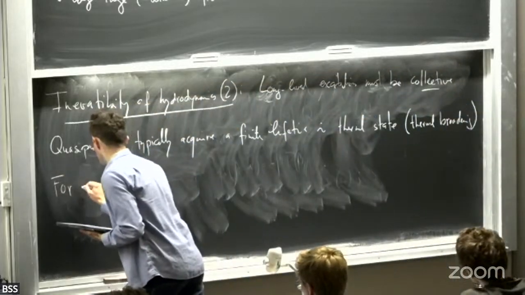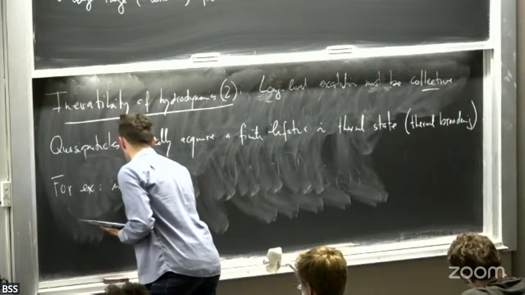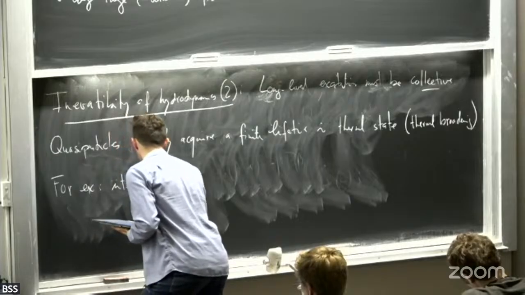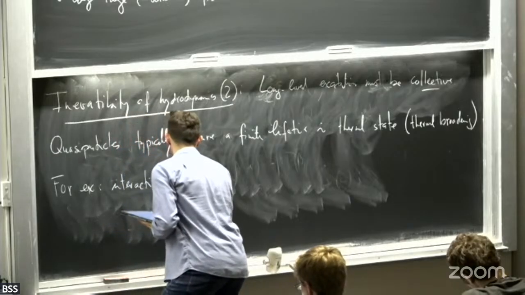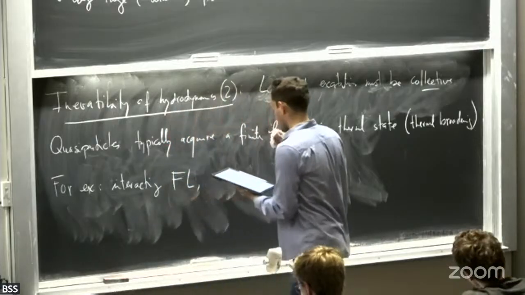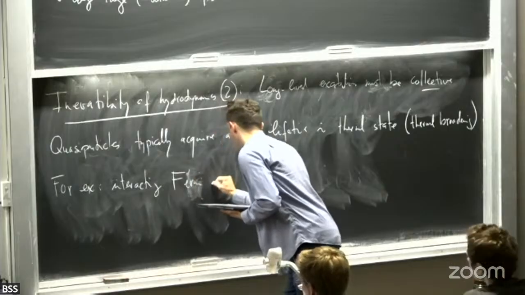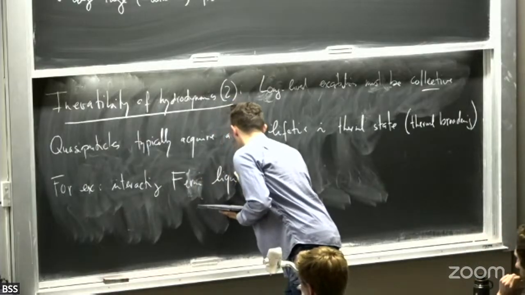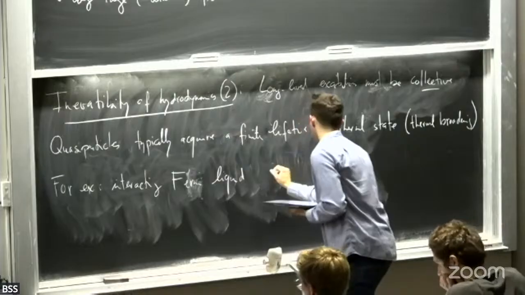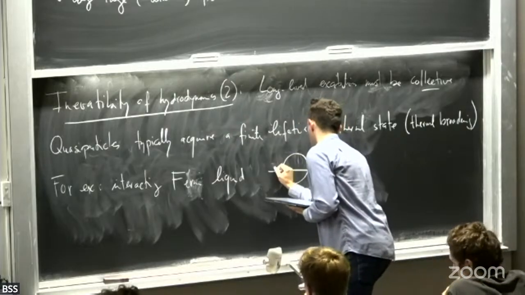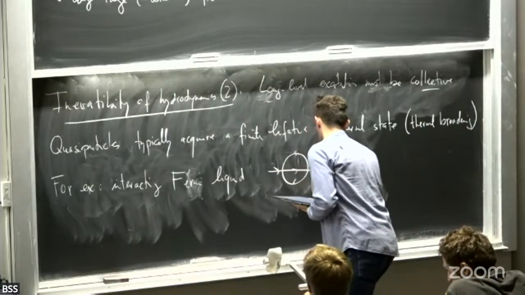Okay, for example, in an interacting Fermi liquid, even just the interactions of the fermions with themselves will give a finite lifetime to the fermions. Okay, through this diagram.